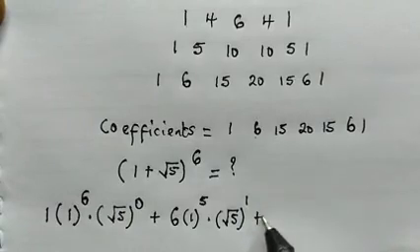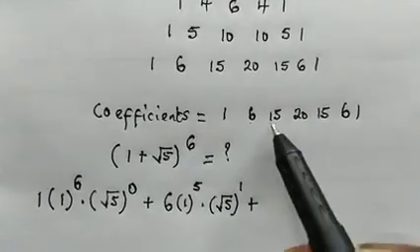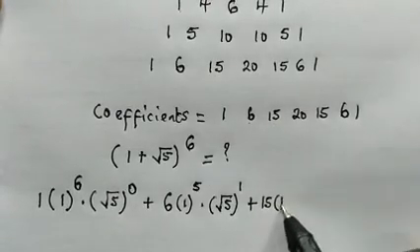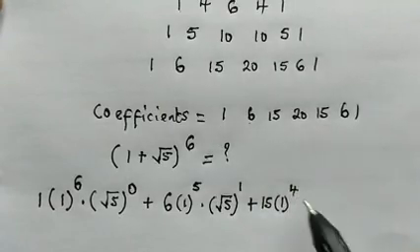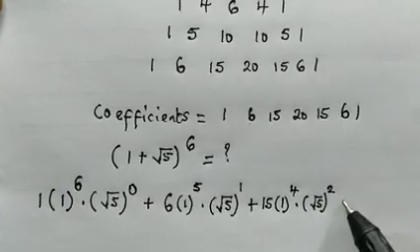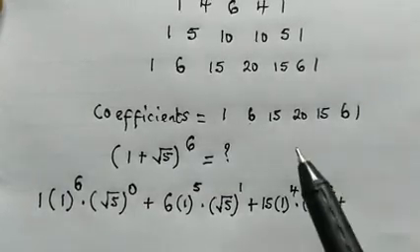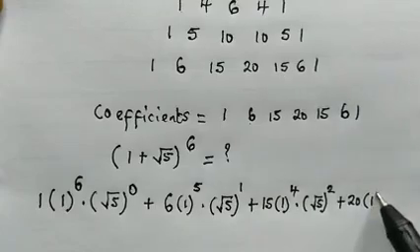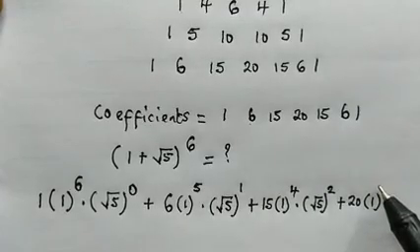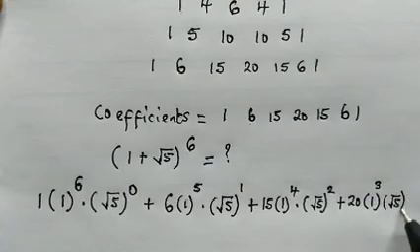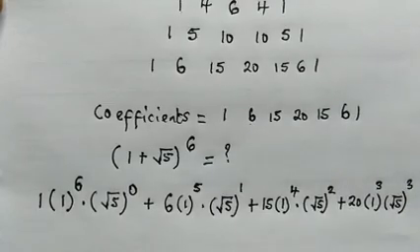Okay, then we have plus, the next coefficient here is 15, so we have 15 multiplied by 1 raised to the power of 4 multiplied by root 5 raised to the power of 2. Then we have plus, the next coefficient is 20 multiplied by 1 to the power of 3. Yes. Then multiply by square root of 5 to the power of 3.